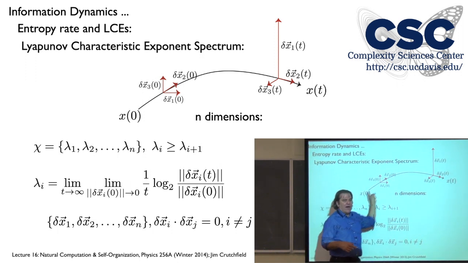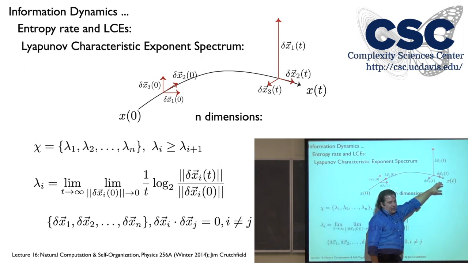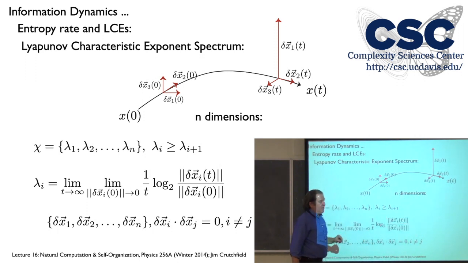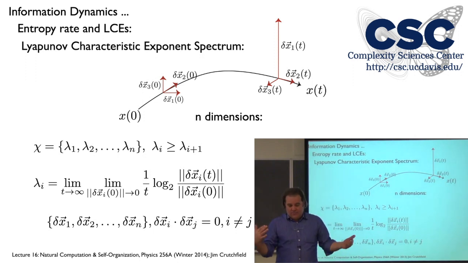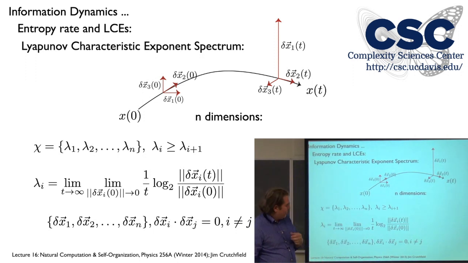That time-average shrinking and stretching, captured by the Jacobian, the local linearization, gave us the spectrum of Lyapunov exponents. So we had an n-dimensional dynamical system, we have n exponents, and typically we order these from largest to smallest. And that will give us that classification scheme you worked out in the midterm.